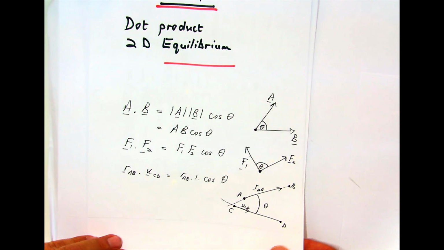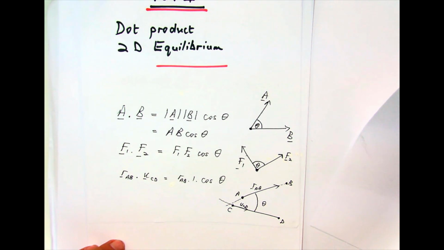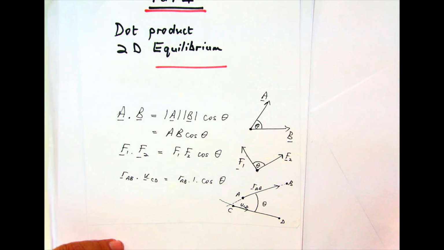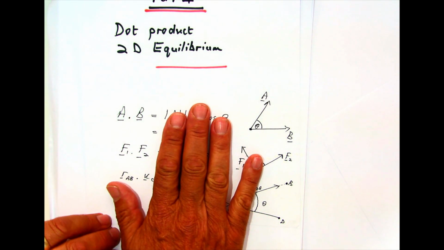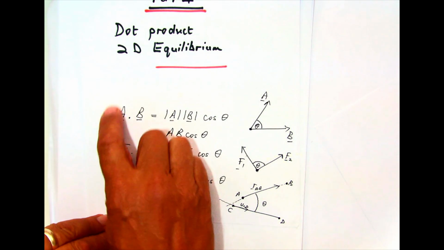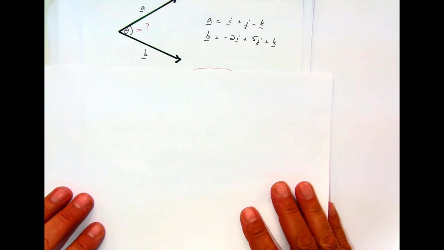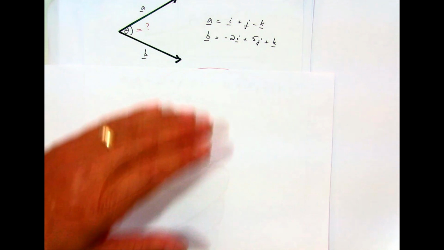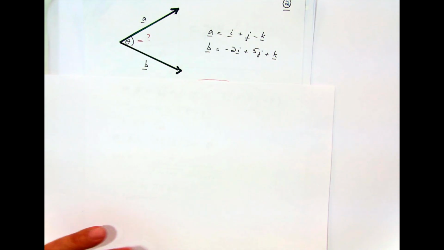Now, another thing about the dot product, there's another way of working out the dot product. Instead of working out this right-hand side, there's a way of working out what A dot B is. So let's say you have two vectors, A and B, and you want to find the angle between the two.